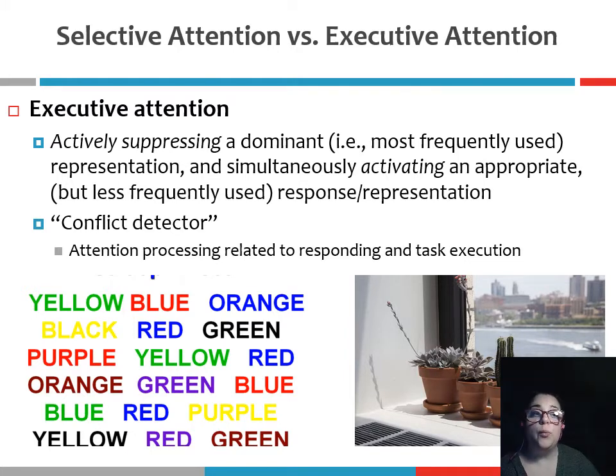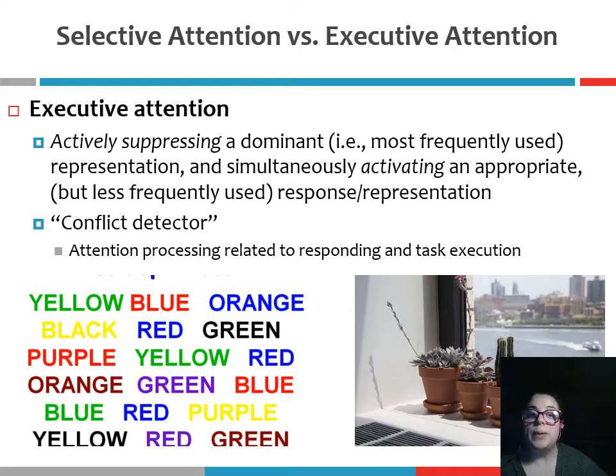Okay, so when we employ our executive attention system, what we are doing is we are attempting to stop or suppress what's called a dominant response. And simultaneously, while we're stopping that dominant response, we're working to start or activate a less dominant but appropriate response.